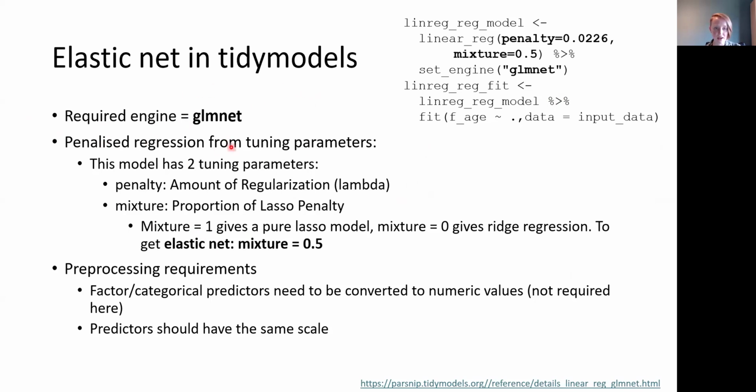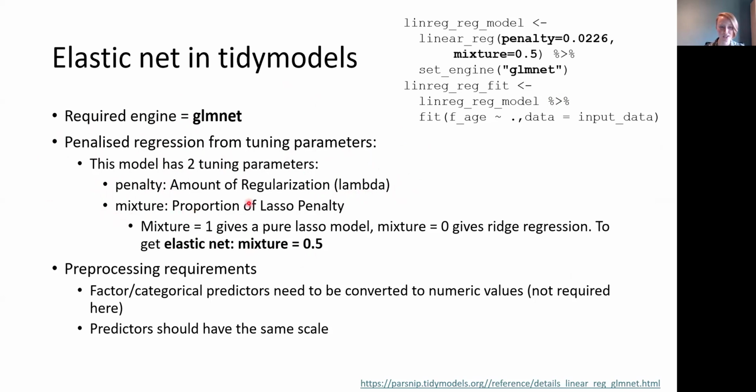So within Tidymodels, we still have two parameters that we need to give our model. These are very familiar though. The first one is the penalty, the amount of regularization that we want to add to our model. In GLMnet, this was called lambda. And the second one is called mixture.